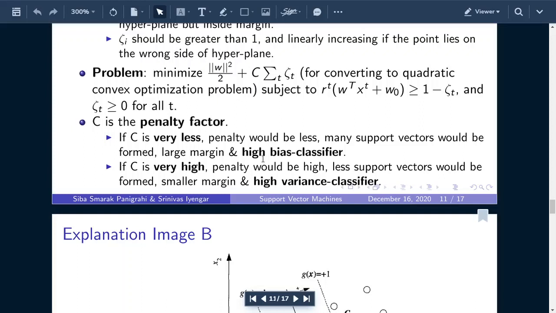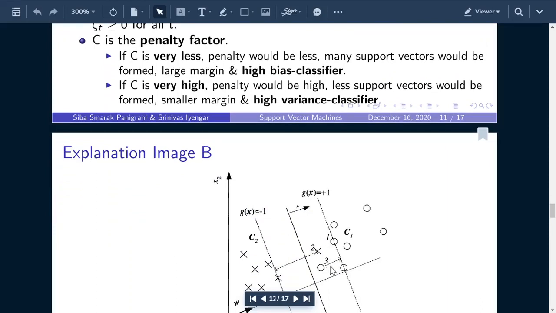Now consider the next case. If C is very high, then even if something is so near to the margin but not on the correct side of the margin, for instance this point 3, very close to the margin but not beyond it, I am still penalizing it very highly, C into S3. So C is, let's say, 10 power 7. So what would the margin try to do? The margin is extremely sweating now.